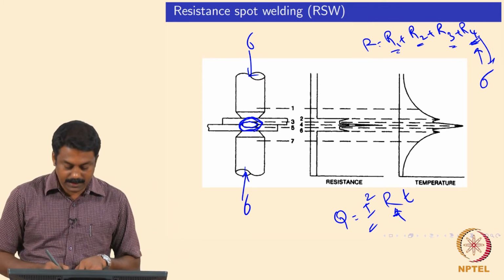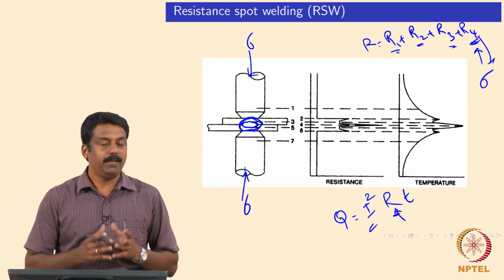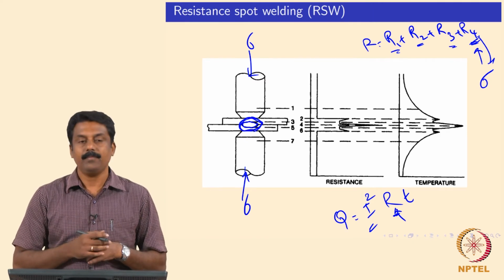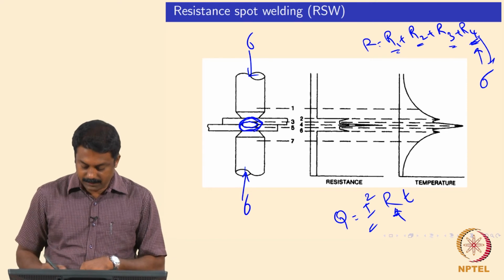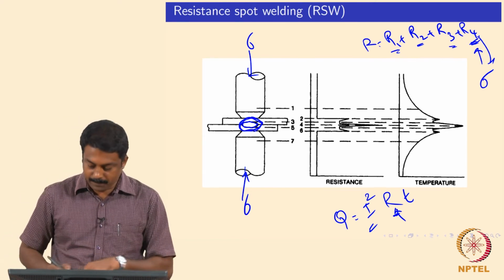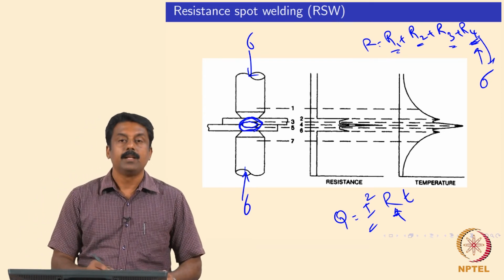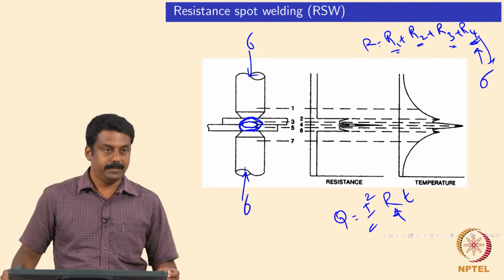So, based on these three factors we can calculate the weld nugget size, okay. So, the size of the weld, right. Because these factors, the current, the R4, and in turn sigma, and then welding time will determine the amount of liquid you form at the interface, okay.